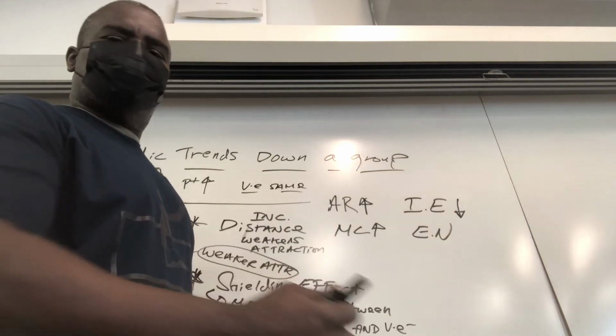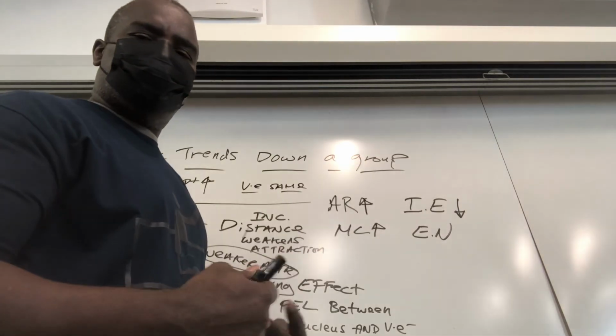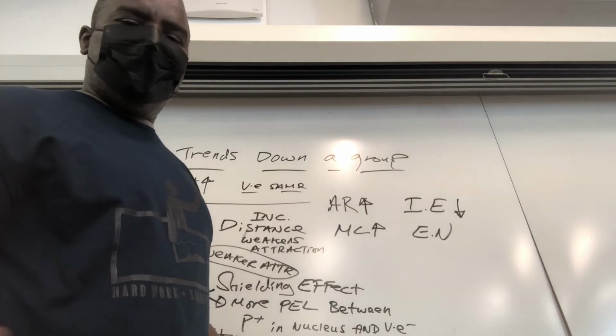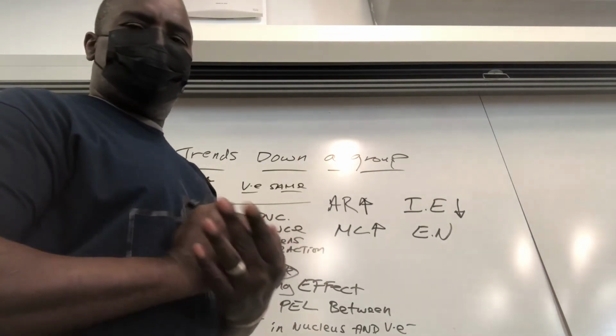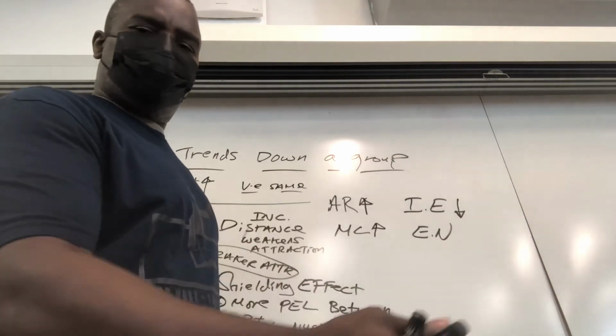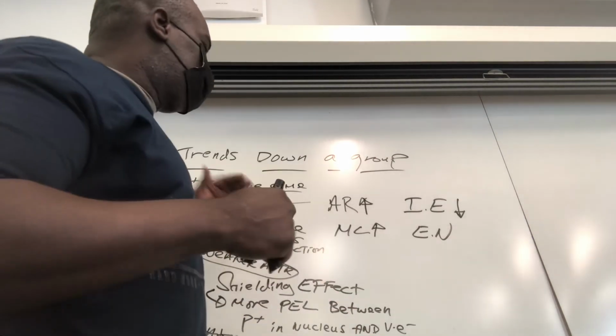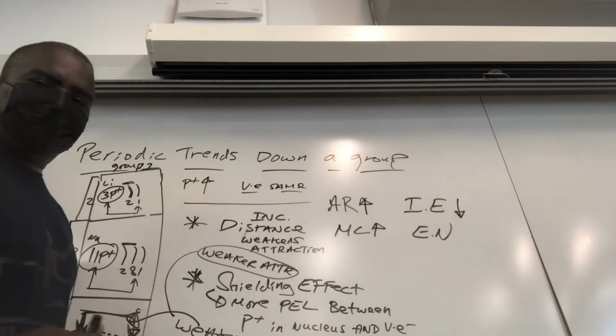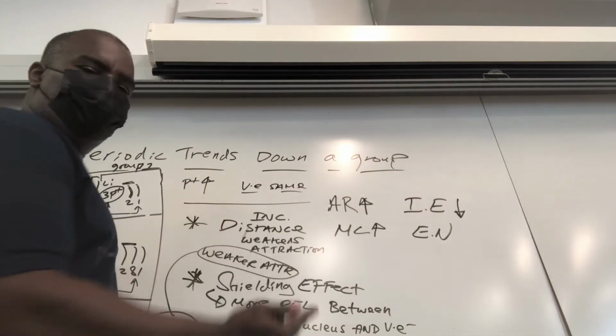The ability to attract electrons toward yourself in a chemical bond. Now, we know metals overall don't like to attract electrons toward themselves. They want to lose their valence electrons. But in terms of the ability to do that, who has a stronger attraction?